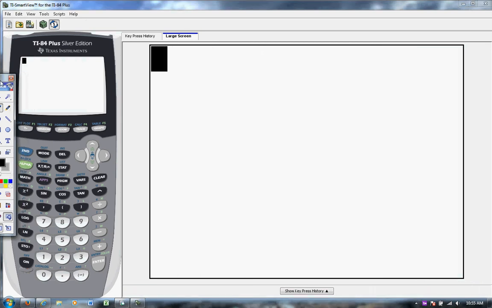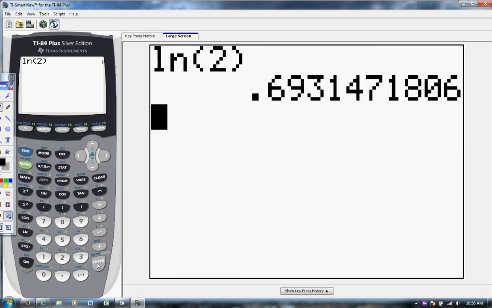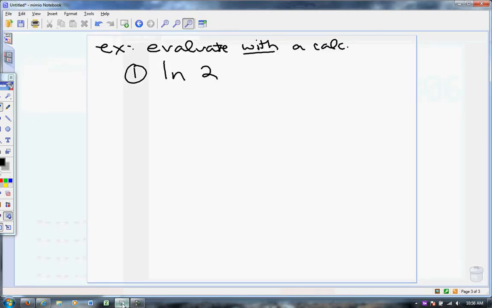And over on the left-hand side, you will see the ln button. So you press the ln button, and we said we were doing the natural log of 2. So the natural log of 2, put my other parenthesis, hit enter, and there's your decimal. Okay? So we don't need to do any more of those, but that's how you do it on the calculator. You use the ln button. So that's 0.693.